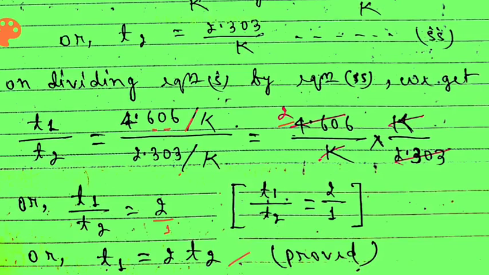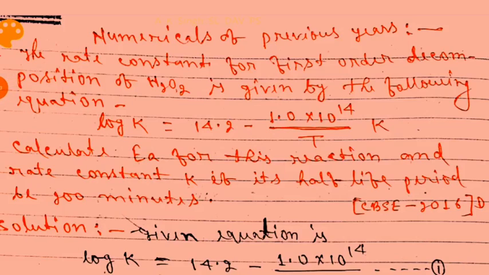It clearly indicates that the time required for the completion of 99% is just double the time required for 90%. t2 is for 90%, t1 is the time for 99%. So t1 is equal to 2 t2. It is proved.